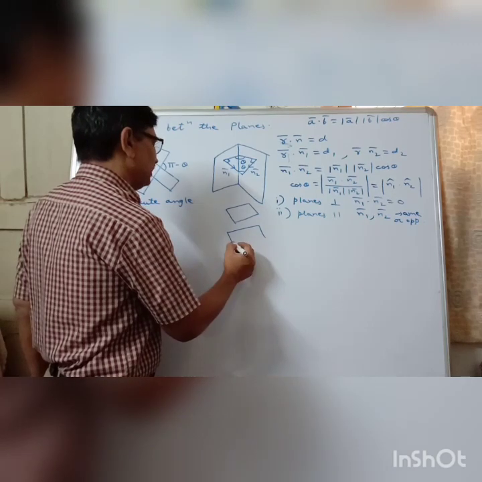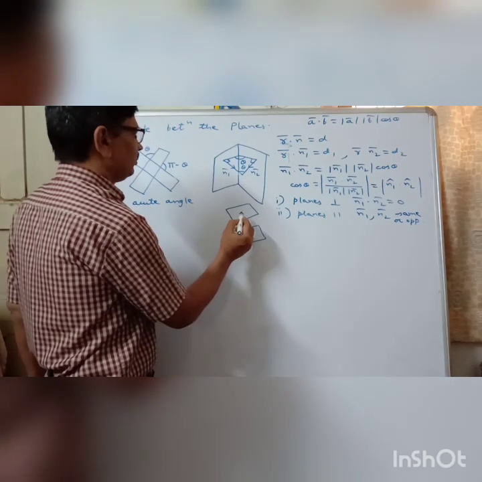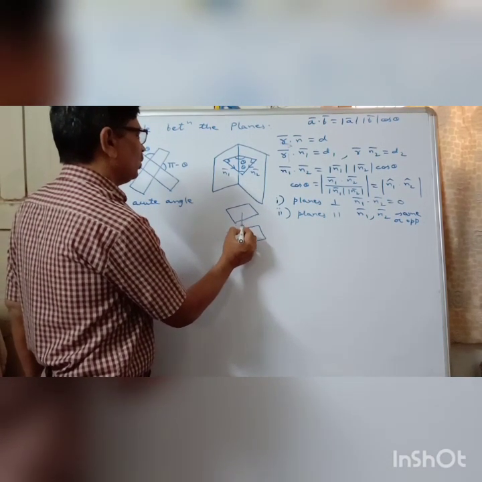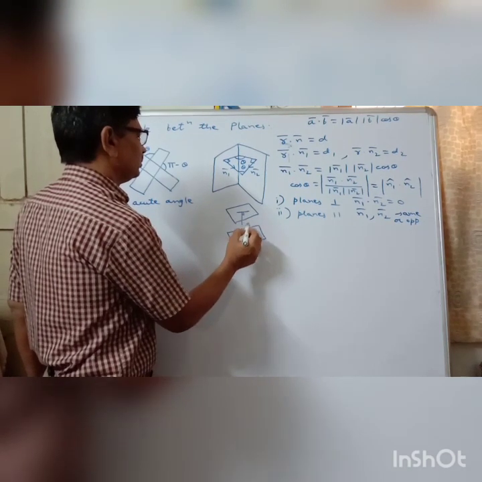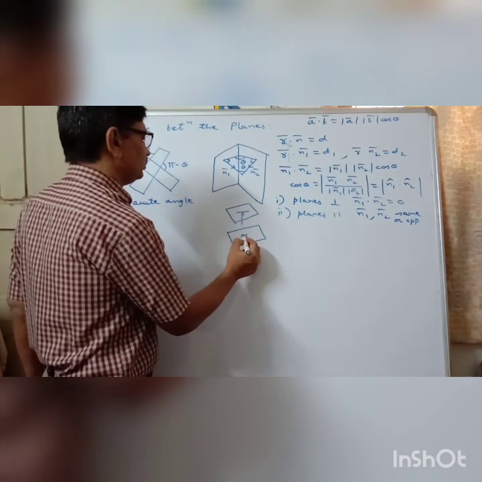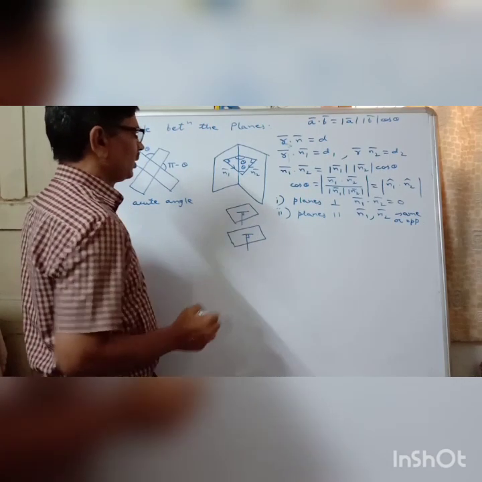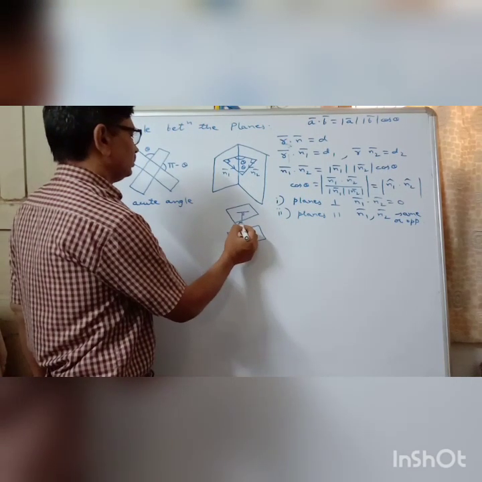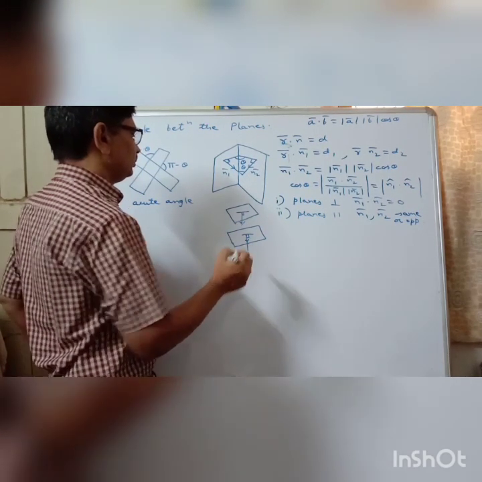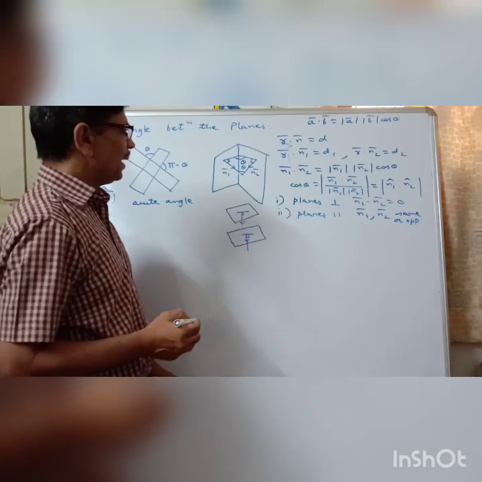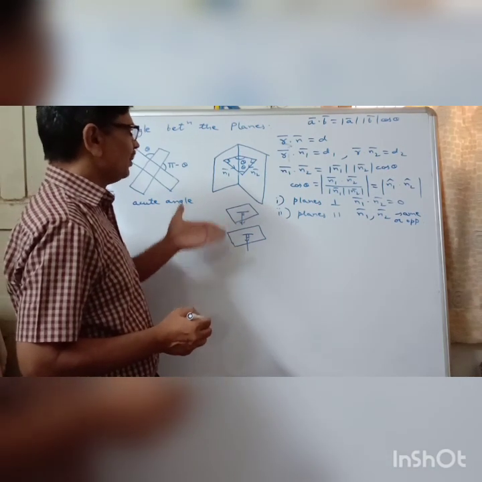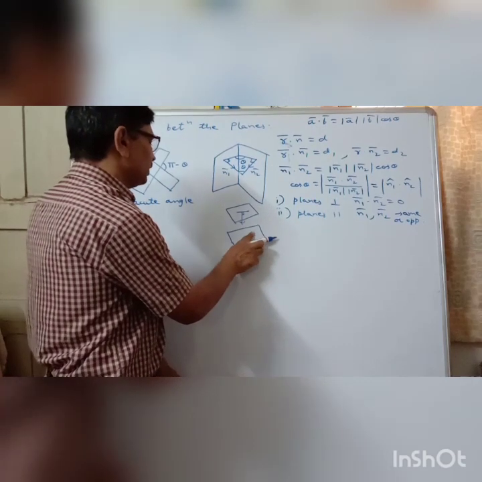These are the two planes which are parallel to each other. Then these are their normals. They are also parallel, but their directions may be the same or may be opposite.